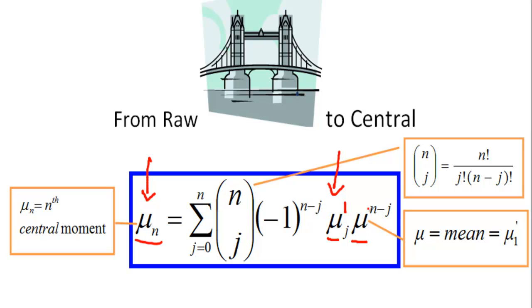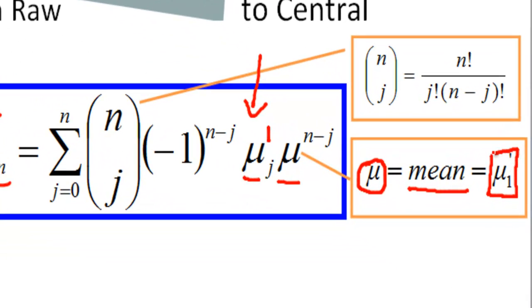The mean, unfortunately, is the only raw moment in the family of raw moments which doesn't have a prime sign. So if you see mu without anything, then it stands for the mean, which is essentially the first raw moment, but it's usually written as a mu without anything.